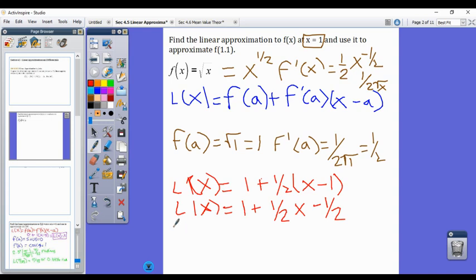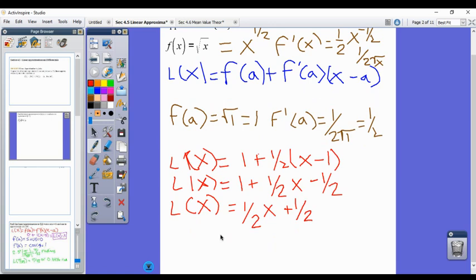I'm going to combine my like terms, which is going to give me 1/2 x plus 1/2. And if I wanted to factor out a 1/2, I could definitely do that. Just a little bit prettier to look at.